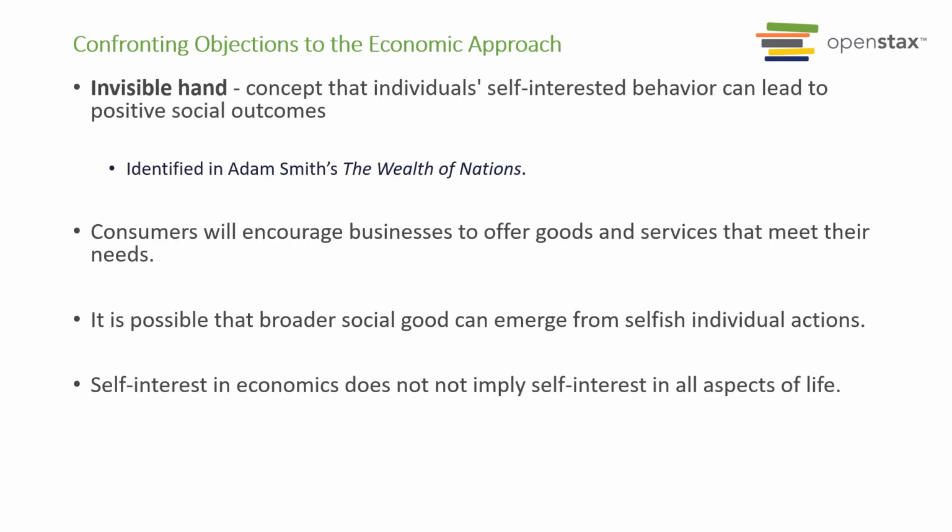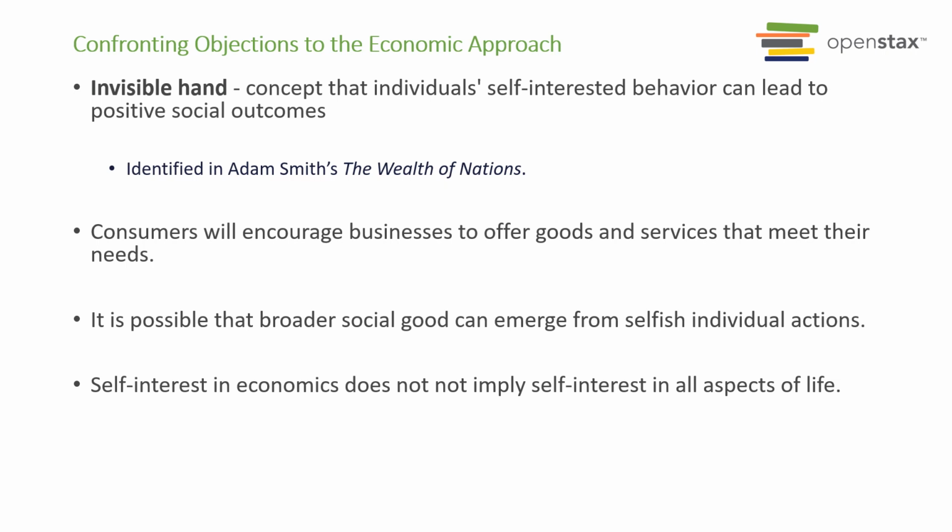And lastly, something called the invisible hand. This is a concept developed by Adam Smith in his book The Wealth of Nations. The concept says that individual self-interest behavior can lead to a positive social outcome. Sometimes by doing what's best for yourself, it can also be good for society as a whole. For example, think about your education.